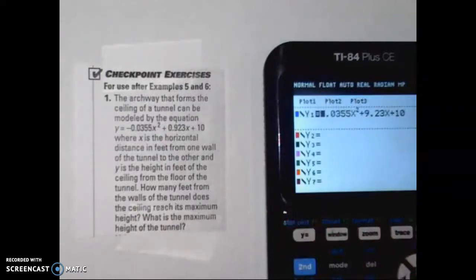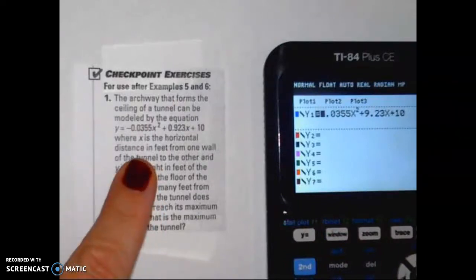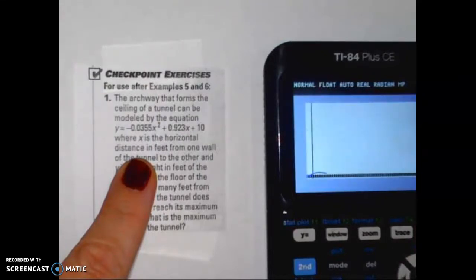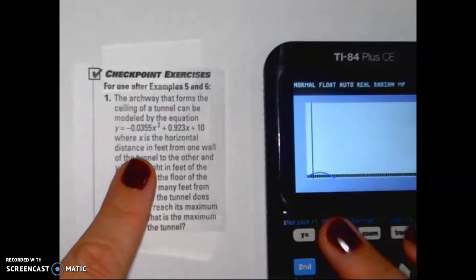Let me check my y equals 0.0355x squared plus, look what I did. It should have been 0.9. There it is. Okay, we'll try that again. I messed that up.